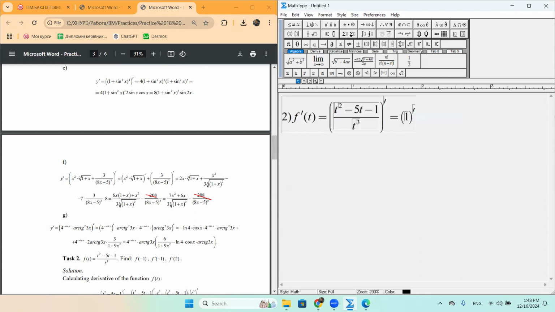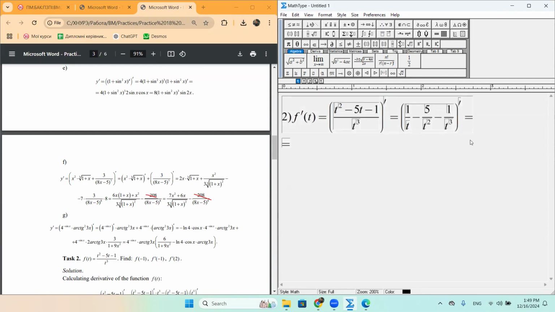So 1 by t minus 5 by t in power of 2 minus 1 divided by t cube.